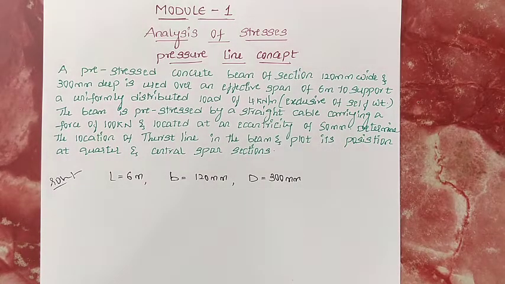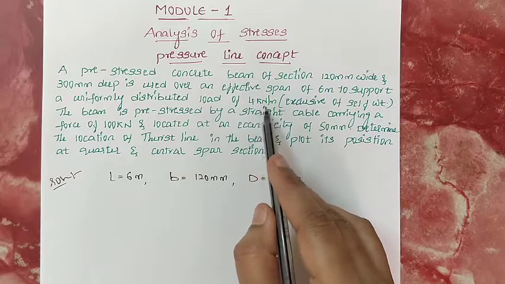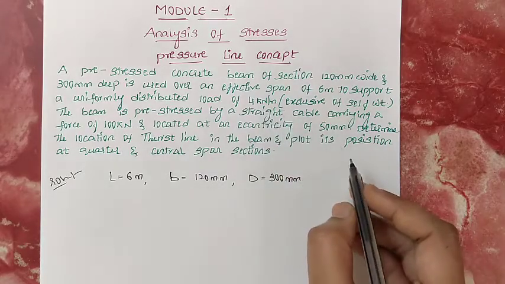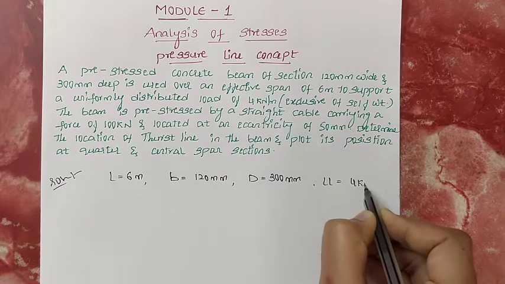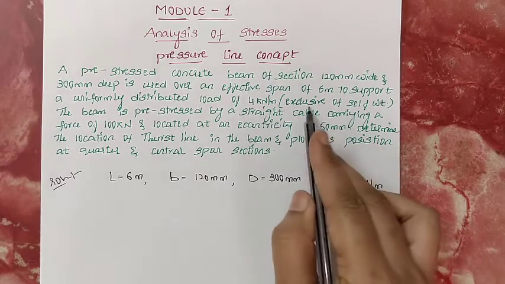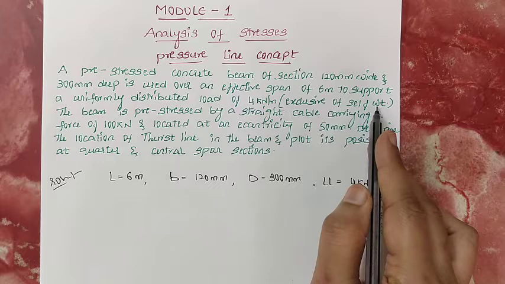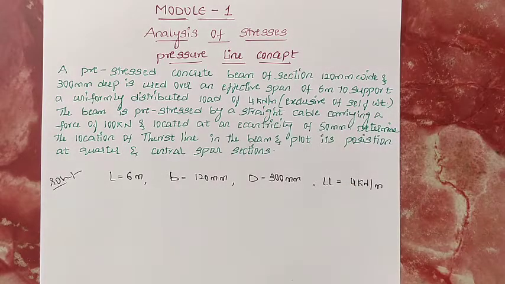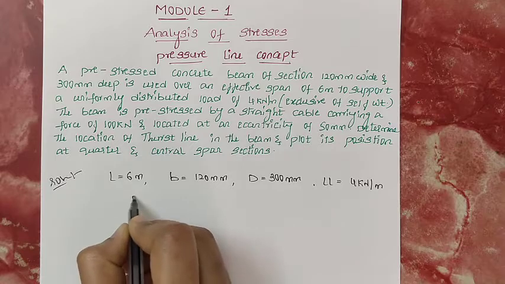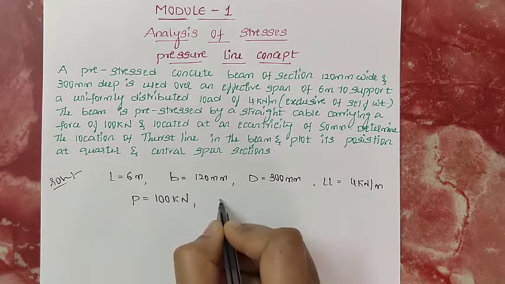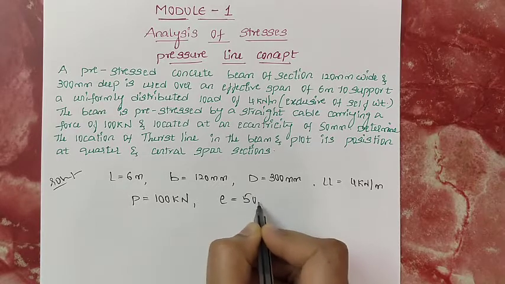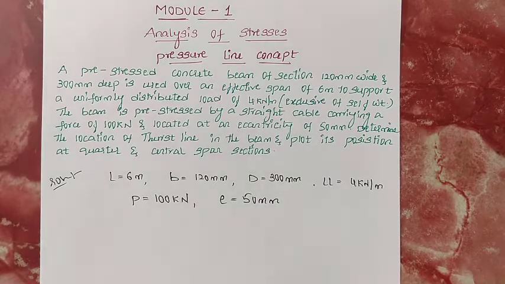To support a uniformly distributed load of 4 kN per meter, that is the live load they have given, which is exclusive of the self weight. Then the pre-stressing force they have given is 100 kN. It is a straight cable. Eccentricity they have given is 50 mm.